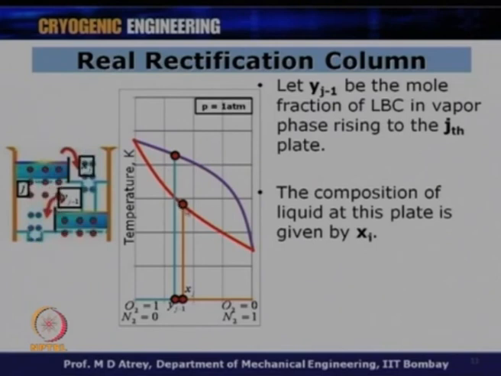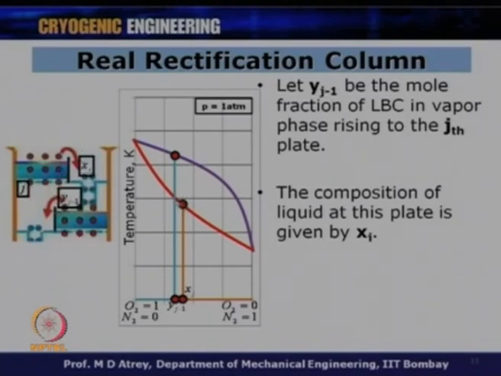Now, ideally, the composition of the liquid at this point would have been this much, isn't it? Because we say the molar composition remains the same. But no, in the actual case, the molar composition of this liquid in the jth plate is going to be Xj and not Yj minus 1, all right.